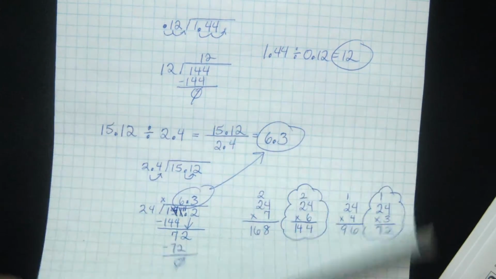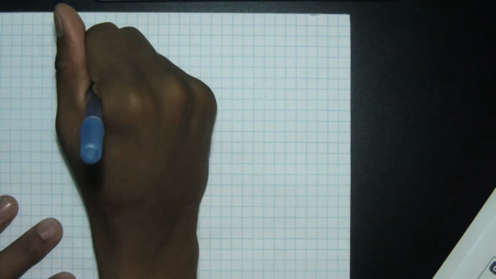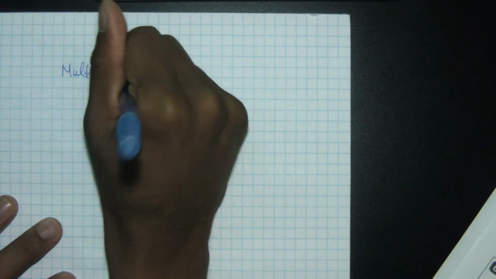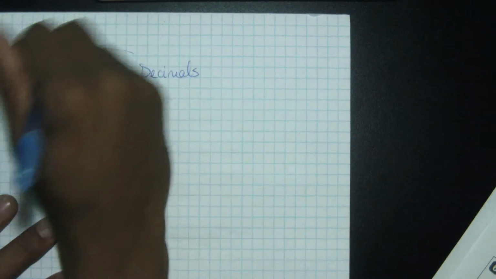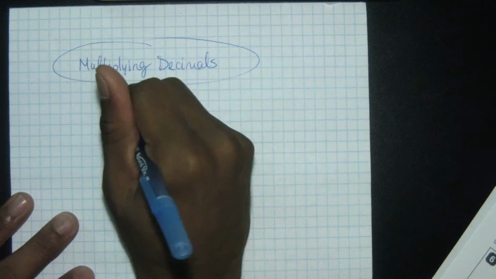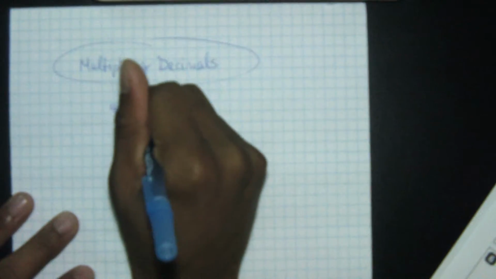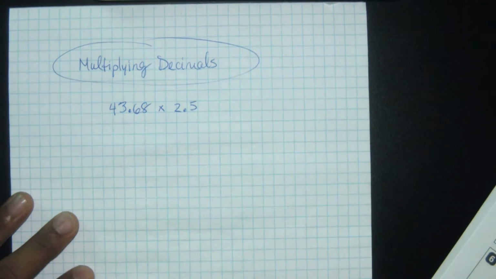Let's take one look at multiplying decimals. Let's see here. We'll take a look at number 10 on that first page. Multiplying decimals. Okay, so the problem here says 43.68 times 2.5.